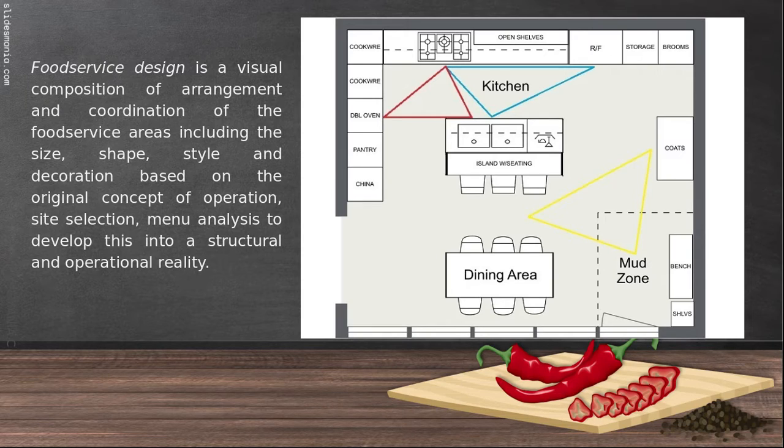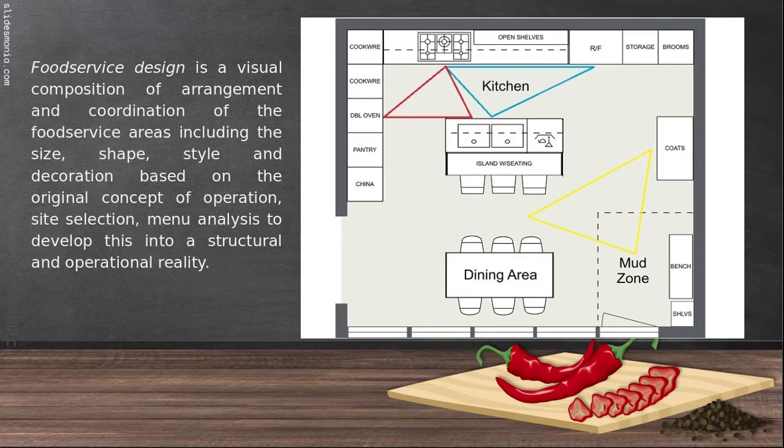Food service design is a visual composition of arrangement and coordination of the food service areas, including the size, shape, style, and decoration, based on the original concept of operation, site selection, and menu analysis, to develop this into structural and operational realities. So this is an example of a food service layout. As you can see, the location of the different equipment.